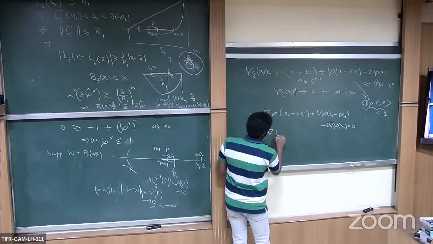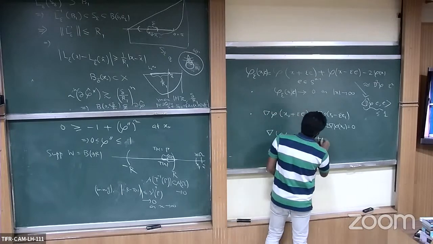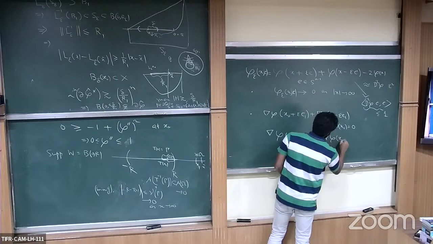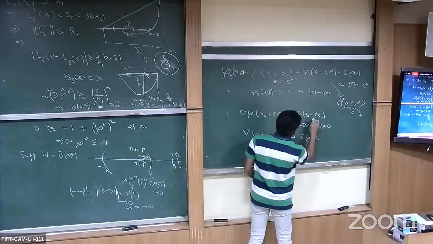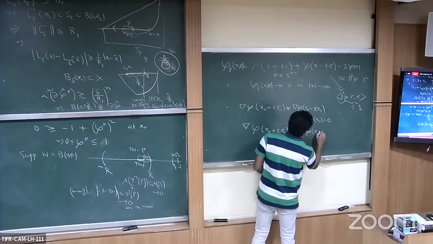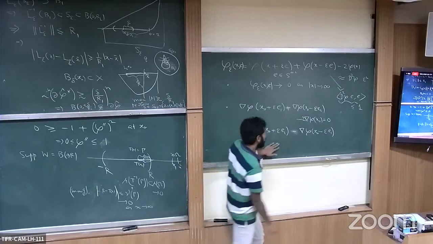So here it is plus epsilon e1, and here it is minus epsilon e1. So this should be in the normal direction, right?